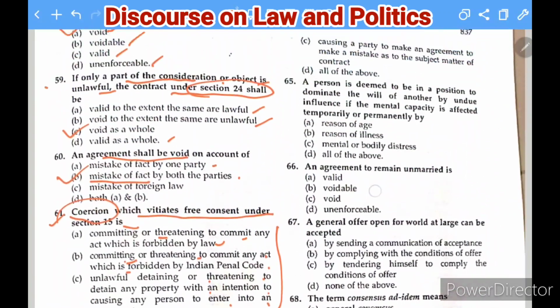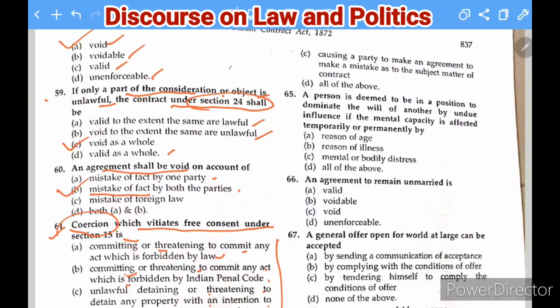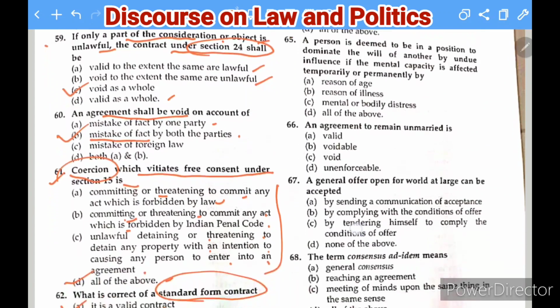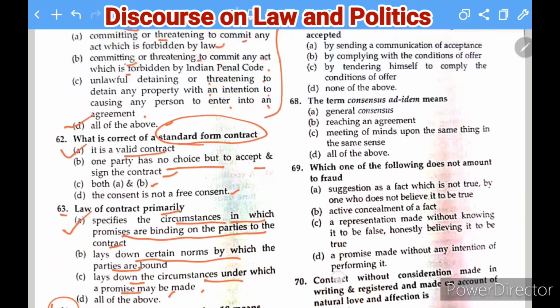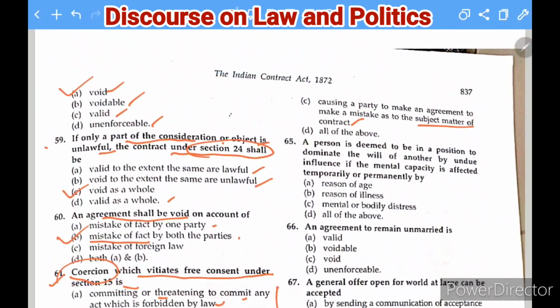Next options, that is C, causing a party to make an agreement to make a mistake as to subject matter of contract, and D, all of the above. So if you go to section 18 on misrepresentation, you will find that all these elements which we have discussed here, which are given in the options, are a part of the misrepresentation, and therefore all of the above is correct here.